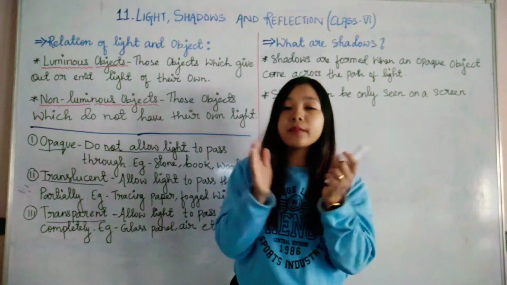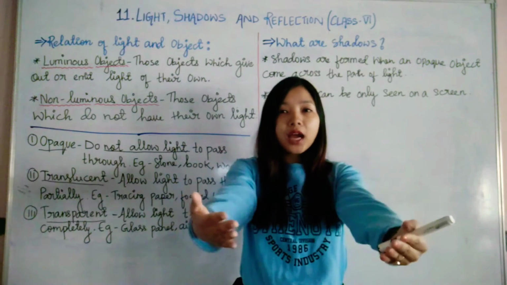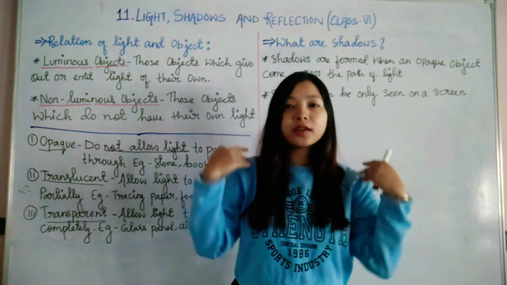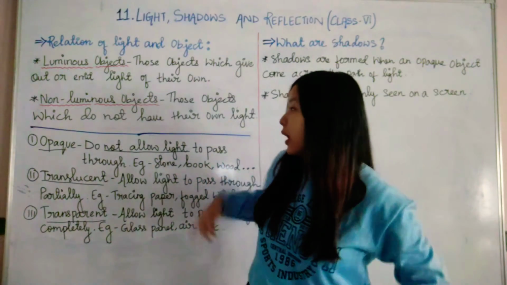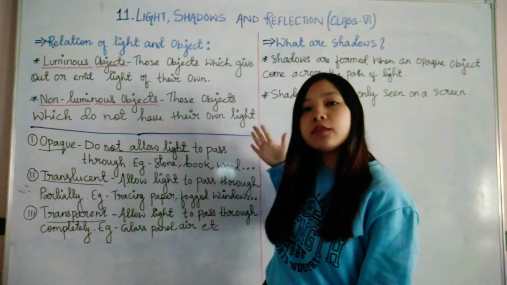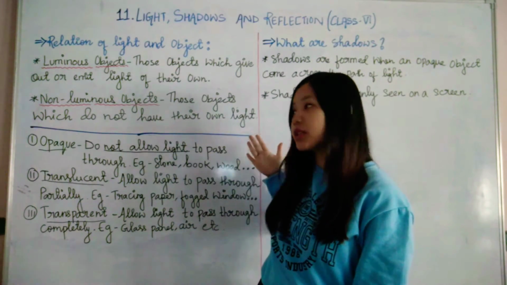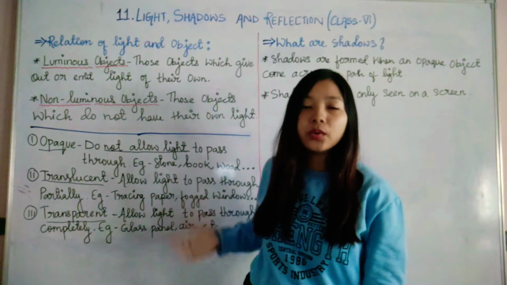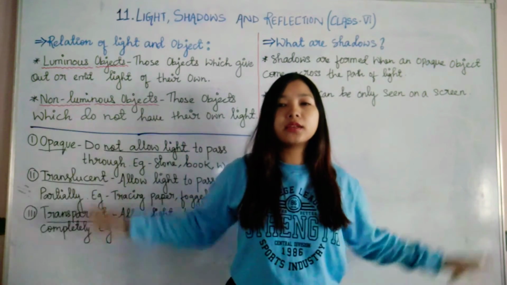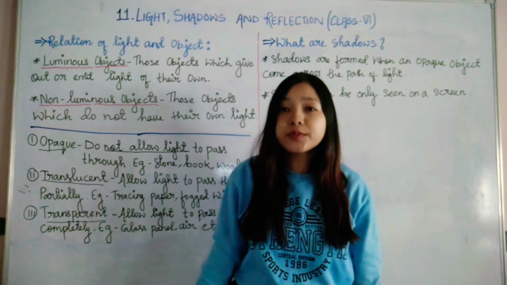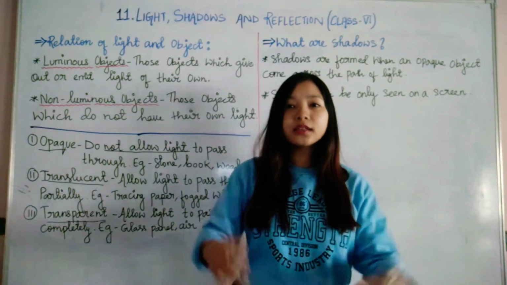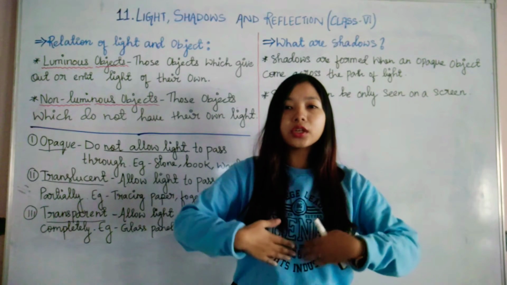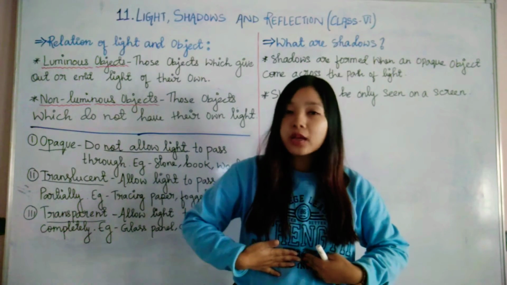You can take the example of our own body. If light is coming from this side and we are standing here, will the light be able to pass through us and fall on this wall or this board? No. The light will fall on the side where nothing is there to obstruct its path. But as I am standing here, light coming from this direction will not be able to pass through me.